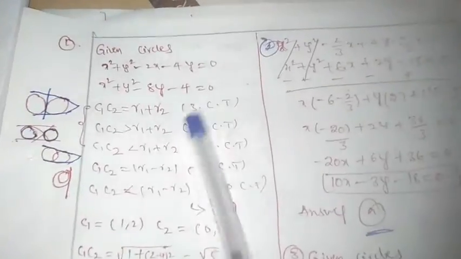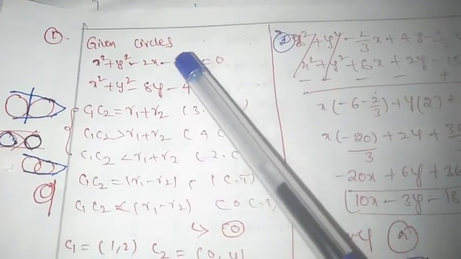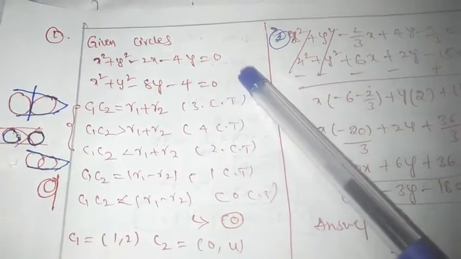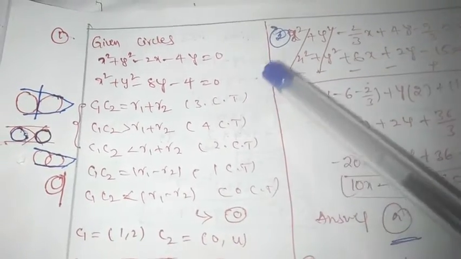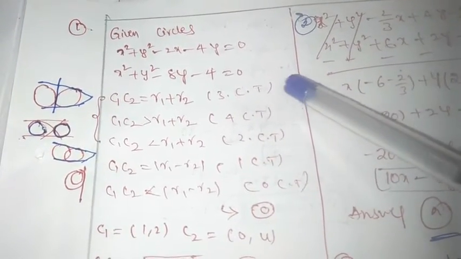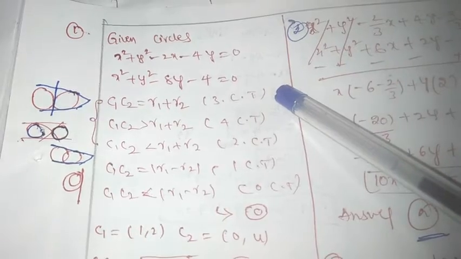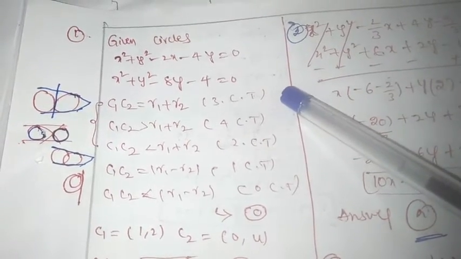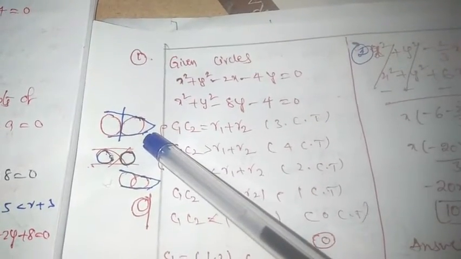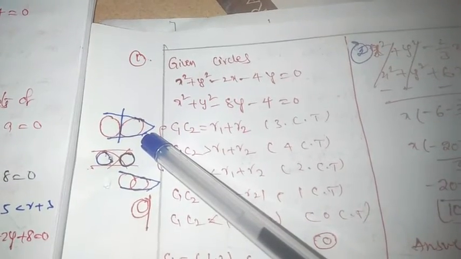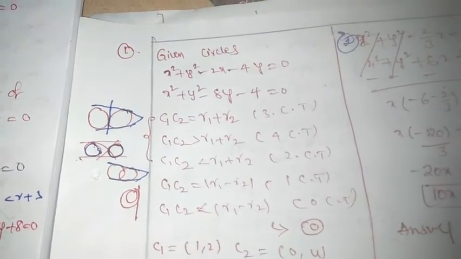To solve that problem, let's observe the solution. I am writing here the given circles, and we know the conditions. If C1C2 equals R1 plus R2, the circles touch each other externally.